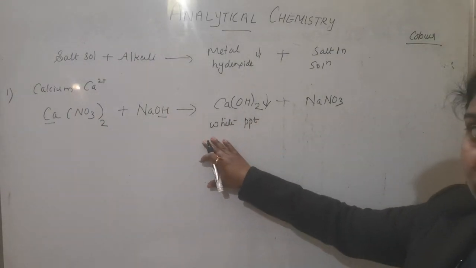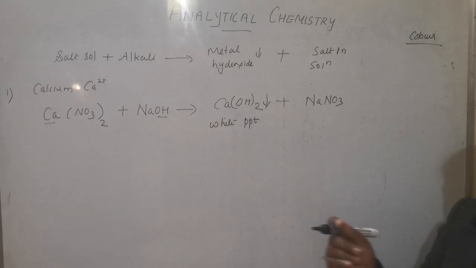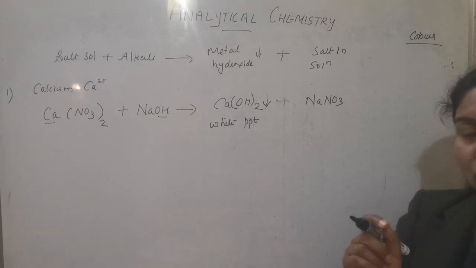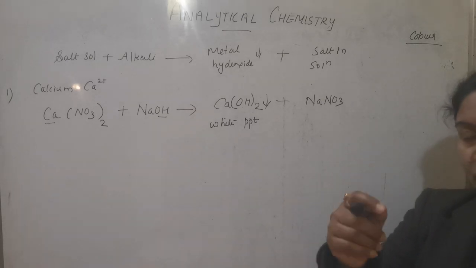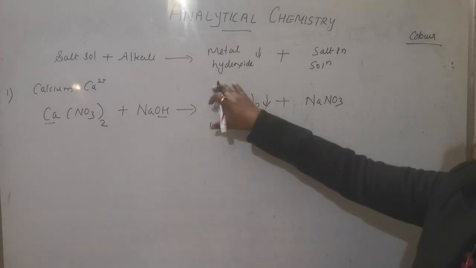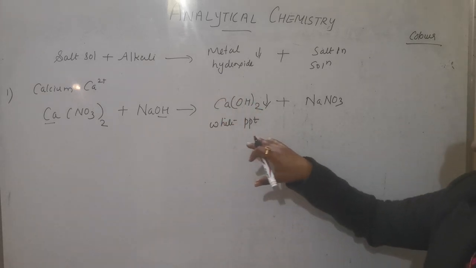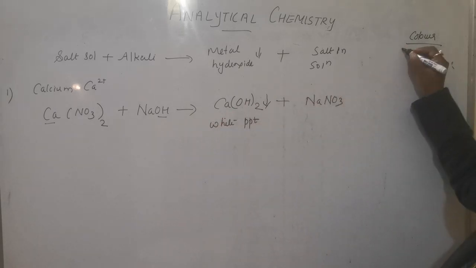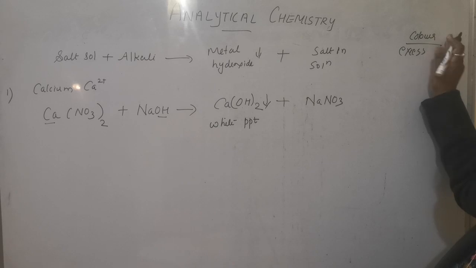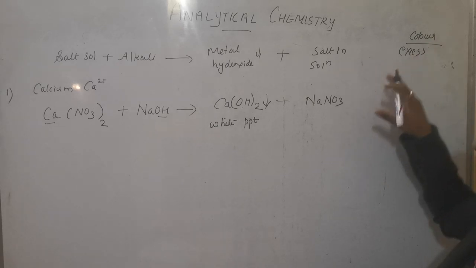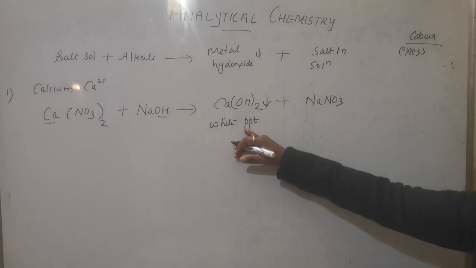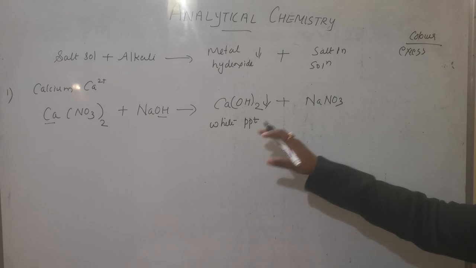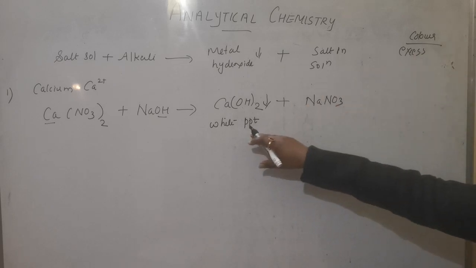See, while we are performing the reaction, we could add only a very little amount of reagent. Firstly, we add a little amount of reagent drop by drop from the side of the test tube wall. Then immediately you will get this precipitate and you observe the color of the precipitate, and then you have to add the reagent in excess. Then you have to notice whether the precipitate is soluble or will remain insoluble. So what happened when you add a reagent in excess?